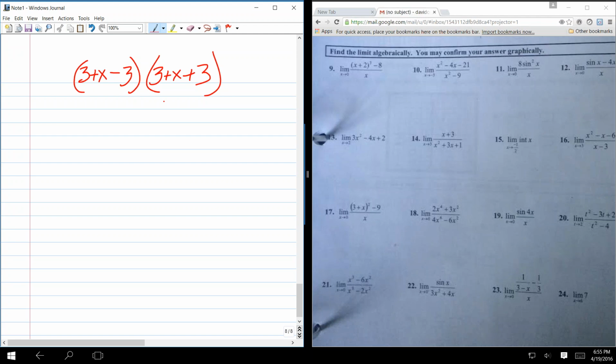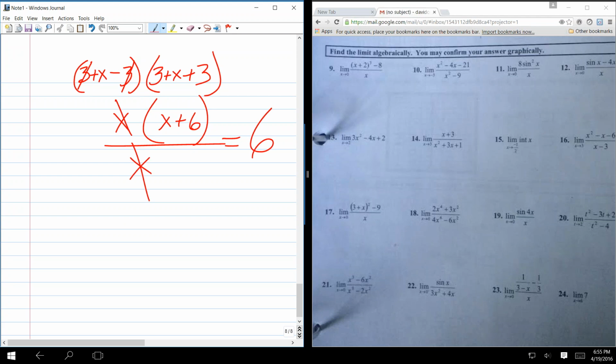Well, hold on a moment. Yeah, those two 3's go away. So now I have x times x plus 6. That's helpful since I'm dividing by an x. So now I can substitute x going to 0 and I get 6.